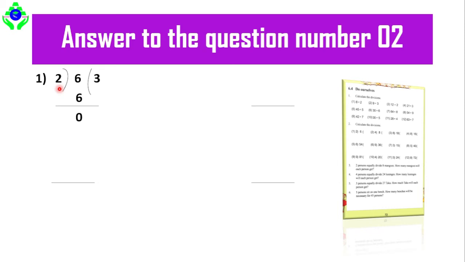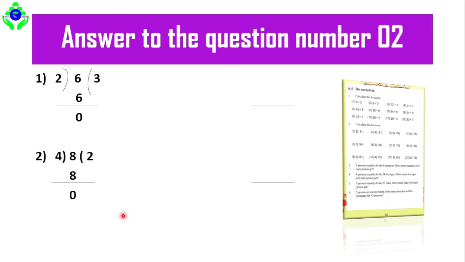We know that 2 into 3 is equal to 6, so we write a 3 here, and this 3 is our result and the solution. Dear students, I hope you were able to understand the solution. Now I want to go to the next question.